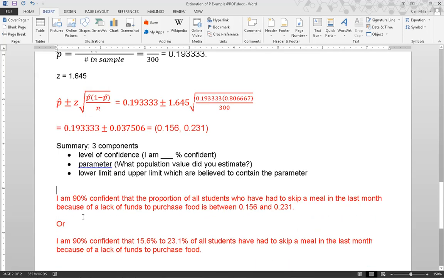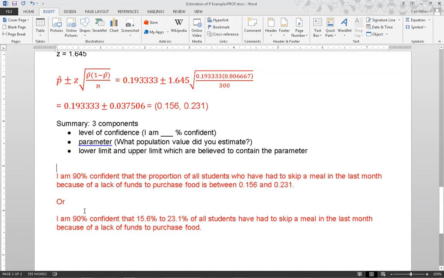So I am 90% confident that the proportion of all students who have had to skip a meal in the last month because of a lack of funds to purchase food is between 0.156 and 0.231 as a proportion, or as a percent rounded to the tenths digit, I might say I am 90% confident that 15.6% to 23.1% of all students have had to skip a meal in the last month because of a lack of funds to purchase food.